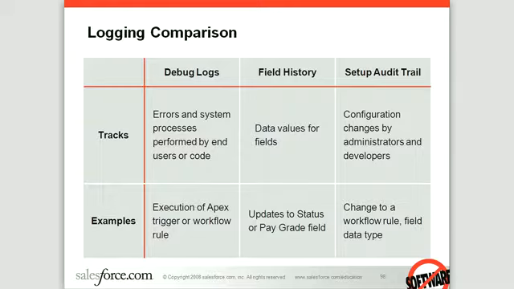And then the setup audit trail refers to our administration changes. So changes to the configuration of your org, and being able to see what your administrators did and what changes they made. Examples are a change to a workflow rule or the data type of a field. All right.